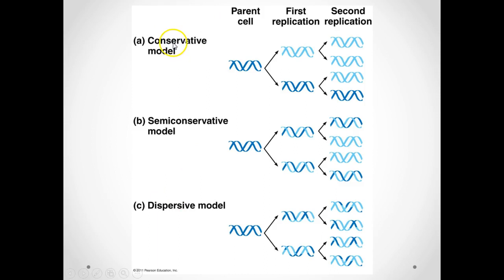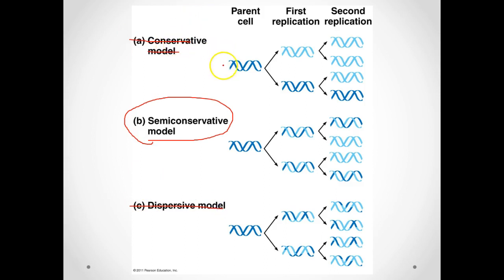Conservative has been disproven because we know now through the Meselson-Stahl experiment that DNA actually is made in a semi-conservative way. Okay, so DNA is made in a semi-conservative way. This is the correct way. This is wrong, and this is wrong.